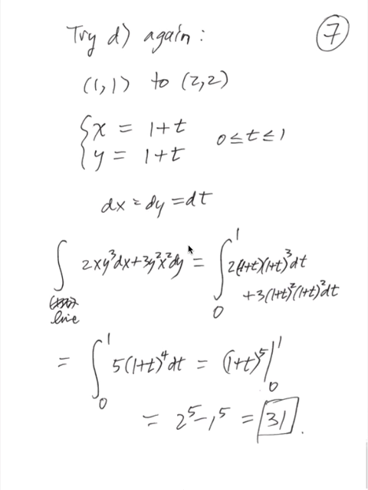Okay, let's work this problem a little differently along a particular line here. I'm going from 1, 1 to 2, 2. How about going straight there from 1, 1 to 2, 2? That'll be my C. That'll be my curve here.